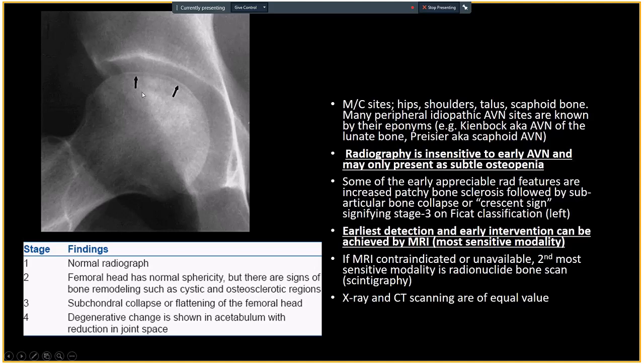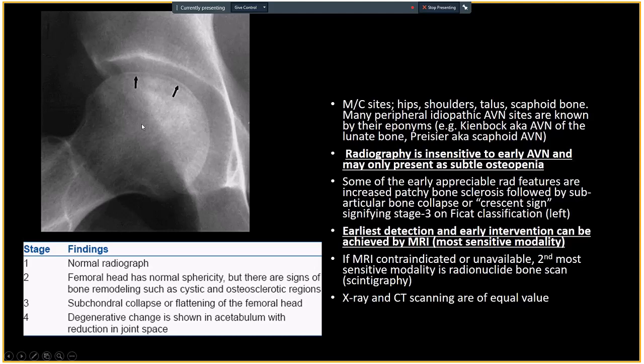If you refer back to that pathological specimen, it's that patchy, triangular-shaped dead devitalized bone, and then fragmentation of that bone will lead to articular collapse, and some fluid and then joint gas will start interposing there, forming a different, more radiolucent density. That's why it's called a crescent sign. And that's usually, in stage 3, likely irreversible, so it's going to progress to more severe collapse, fragmentation, and destruction of that joint, leading to severe osteoarthritis.